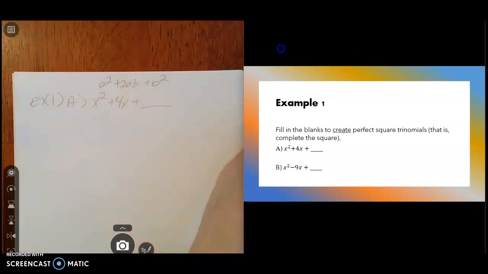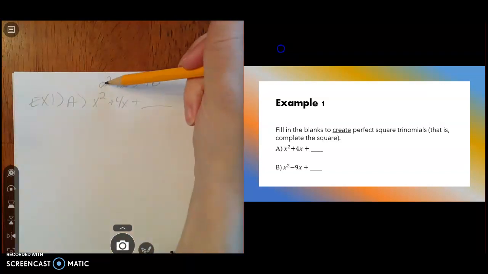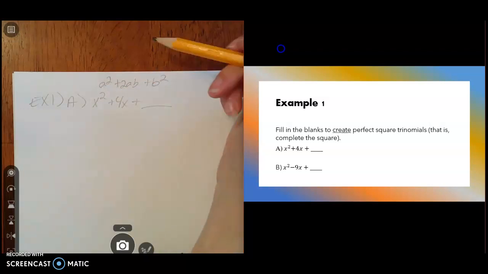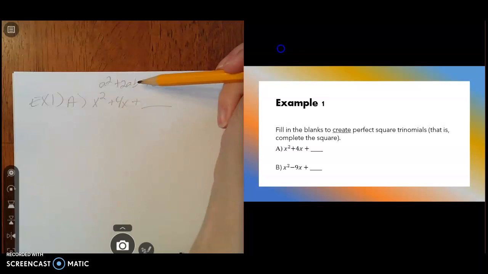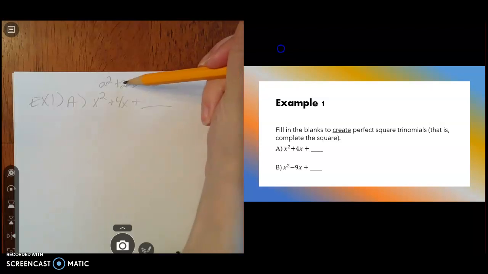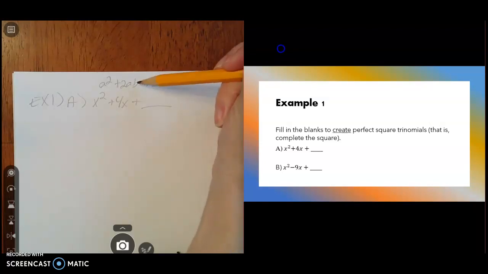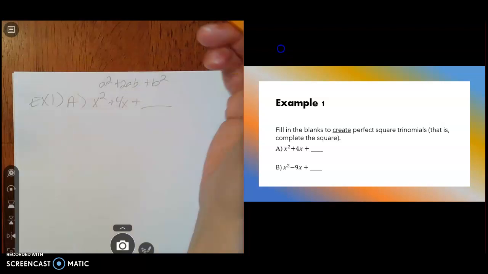For us, instead of a's, we're going to have x's, and that middle term, the 4x, is 2ab. I know my b isn't going to have variables in it, which is nice to know. So it's 2 times x times b.